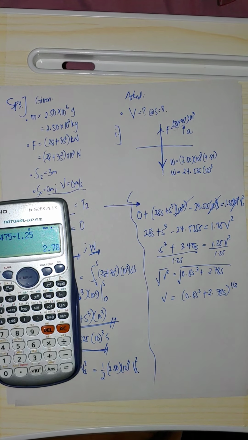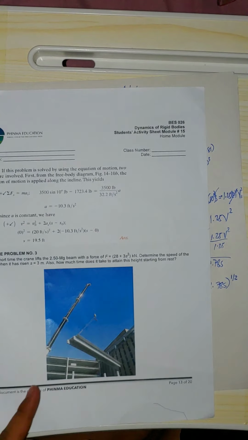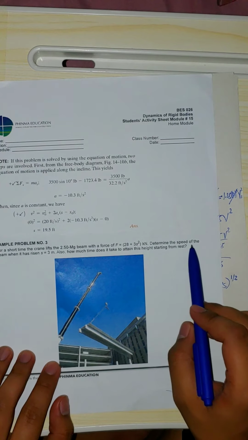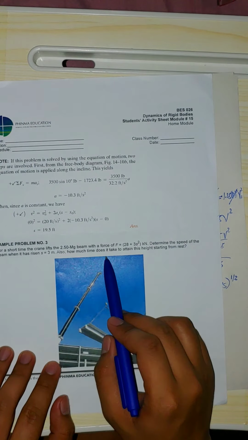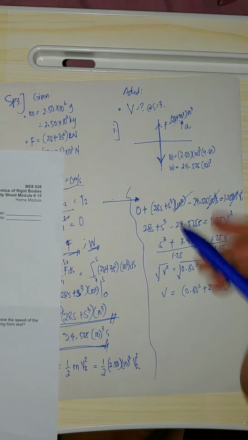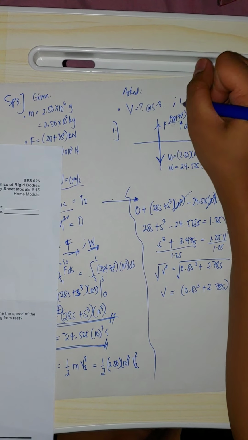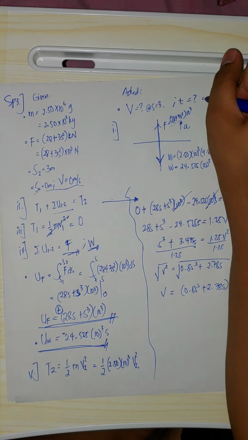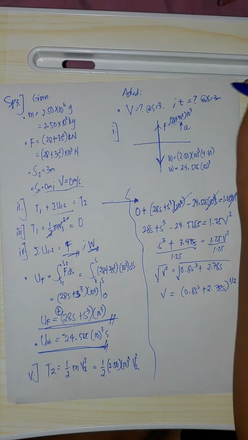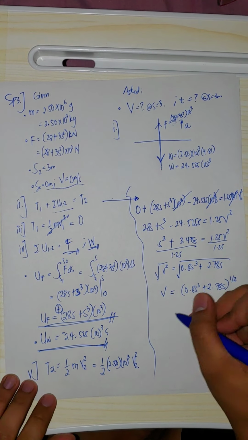Okay, so again, if we review, we were asked about the speed. We were also asked about the time, so we forgot about the time. First, the speed at s equals 3 meters. So we have this formula.